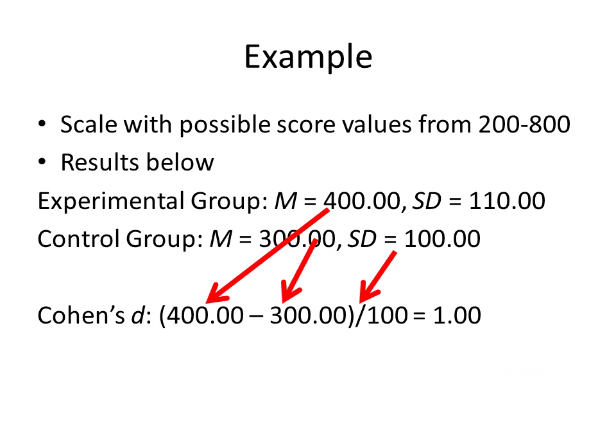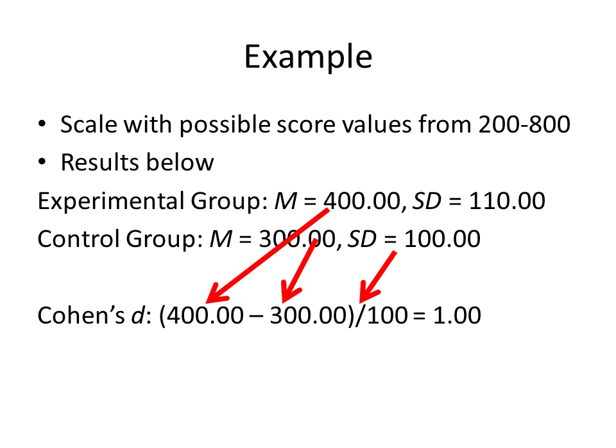Now, let's look at this example, and remember we talked about standardizing. Using Cohen's d actually standardizes the descriptions of the sizes of the difference. So let's use this example and see how that works.